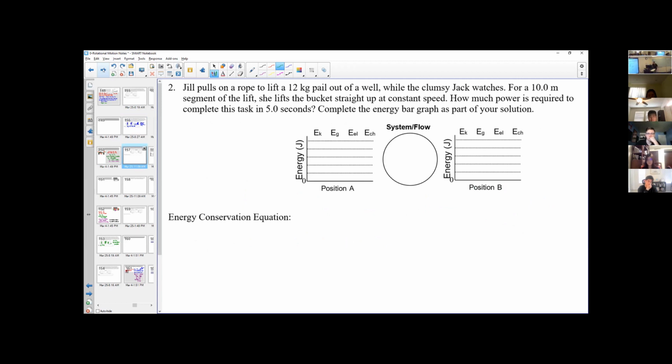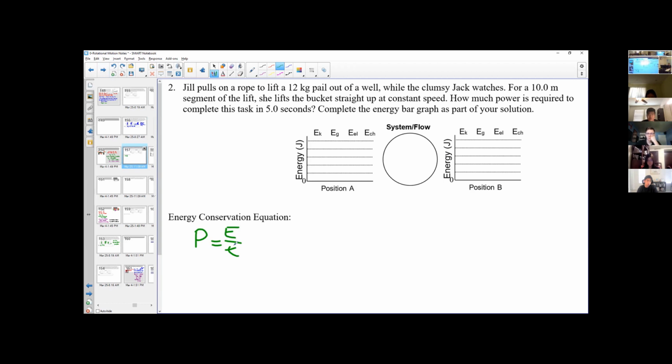All right, so the problem is asking about how much power is required. So before I do anything, I'm gonna write the equation. Power equals energy over time. And we already know the time, which is 5 seconds, but I'll get to that later. So for the system, in the beginning, in position A, there's nothing energy wise because it's at the bottom of the well, so there's no gravitational and no kinetic, elastic, or dissipated.